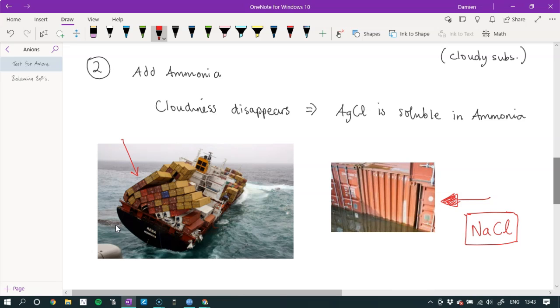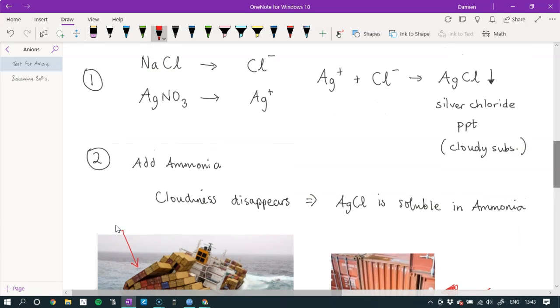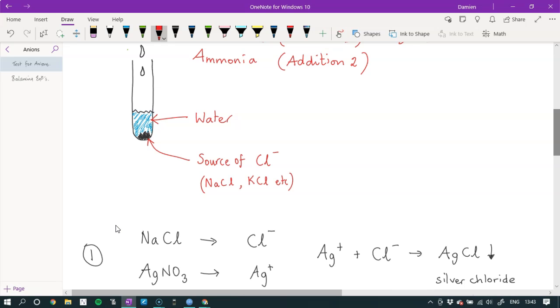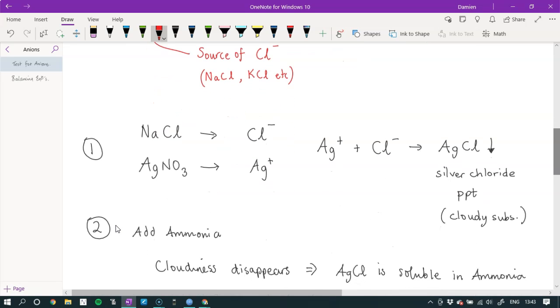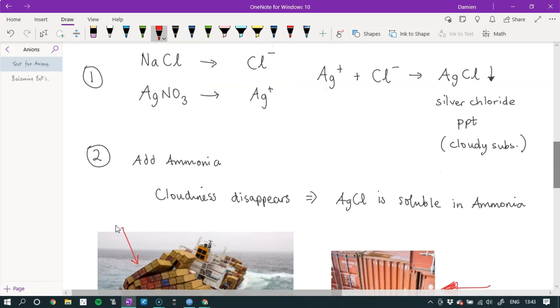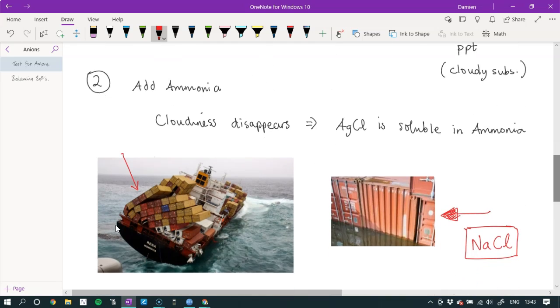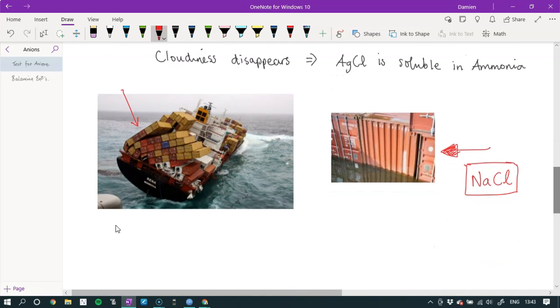So he goes onto the ships and makes up his own little solution of silver nitrate, and looks for this cloudy substance. He will take water samples and then add ammonia to it. That way he can prove that the stuff inside the cargo vessel was damaged by seawater and not rainwater or some other sort of damage.